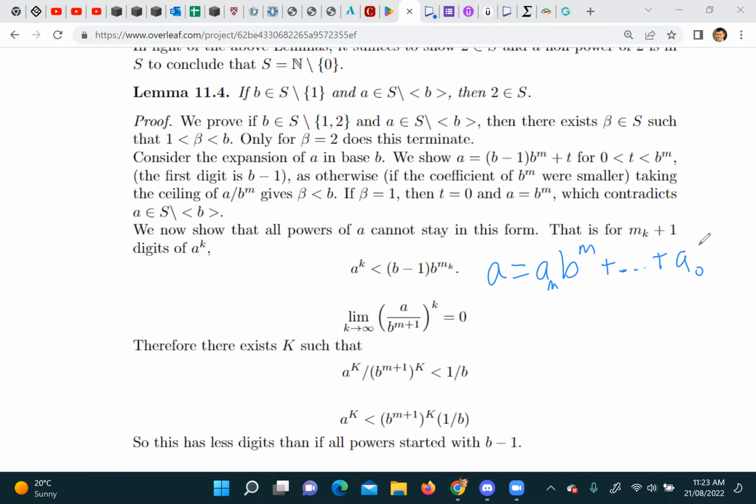In terms of base 10, I want to show that the first digit is 9. The reason is, obviously if it's smaller, then you just divide by b to the m and you've got something smaller than b.